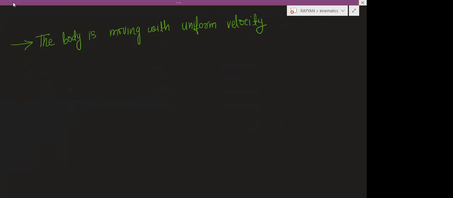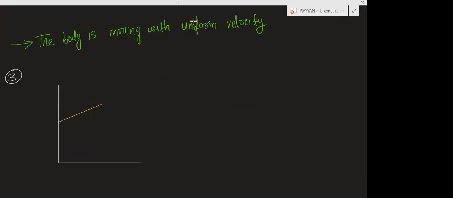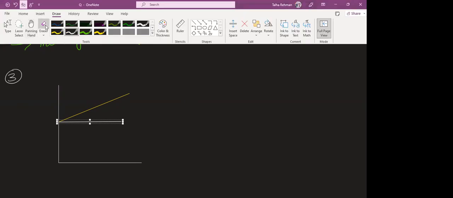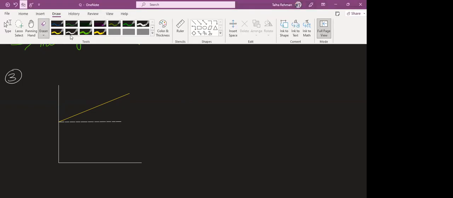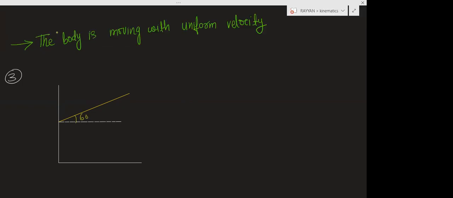Suppose if the graph is like this, this type of graph you have, and this angle is 60 degree given, and this is the displacement time graph.